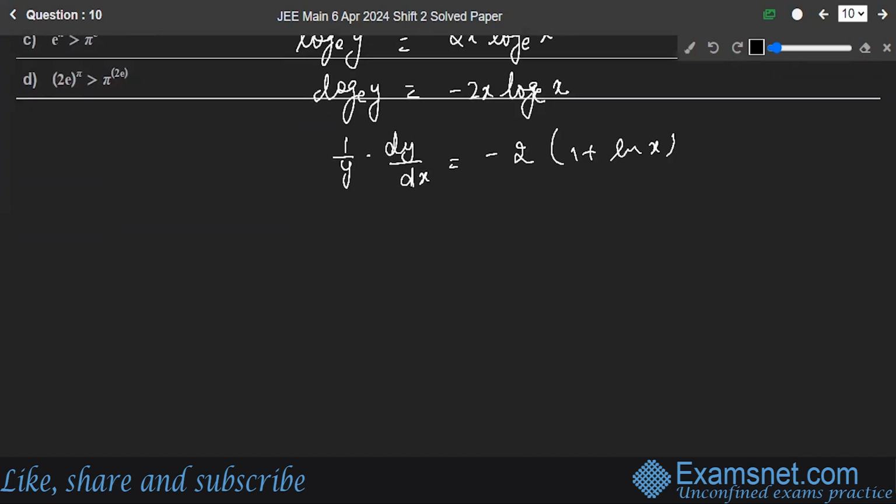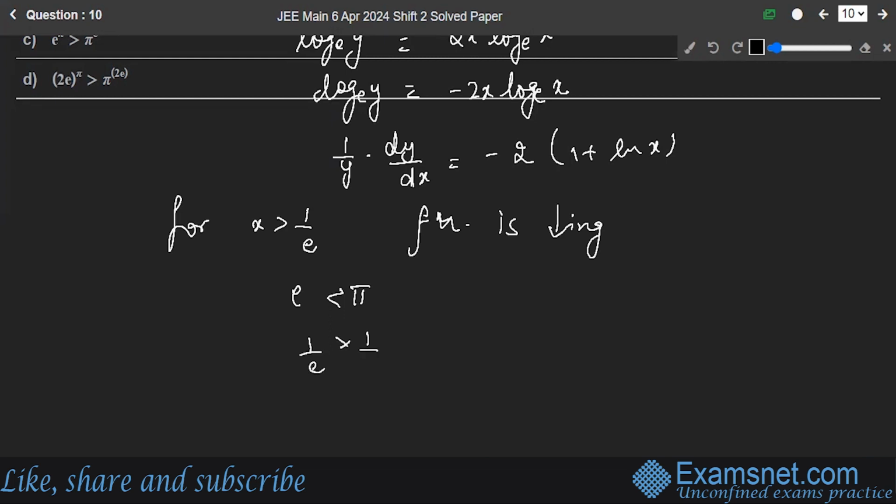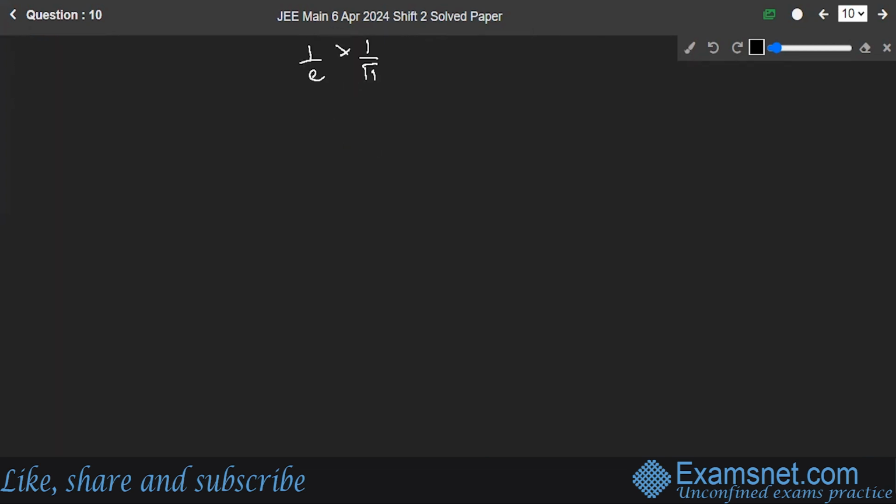Now, see, for x greater than 1 by e, this function is a decreasing function, right? And you know, e is less than pi. That means 1 by e is greater than 1 by pi. That means over here, f of pi is less than f of e. And this is what?